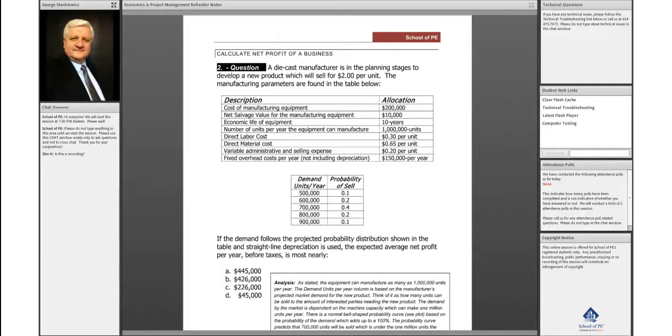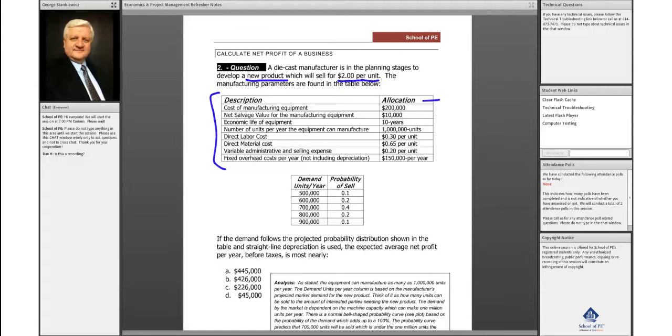So we have a die-cast manufacturer in the planning stages to develop a new product which will sell for $2 per unit. The manufacturing parameters are found in the table below. Let's take a look at the description of each and the allocation that the company is making.